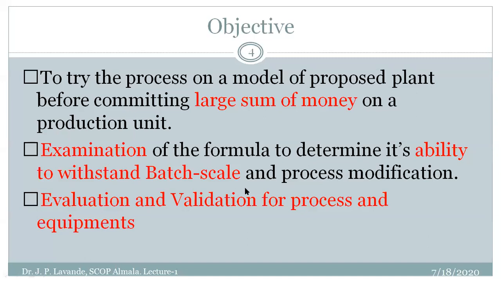Every time it may not be possible that the results, the efficiency and the yield we obtained at lab scale through laboratory experiments, the same output, will be obtained in the plant without confirming in the pilot plant. So that's why the pilot plant acts as an examination center.